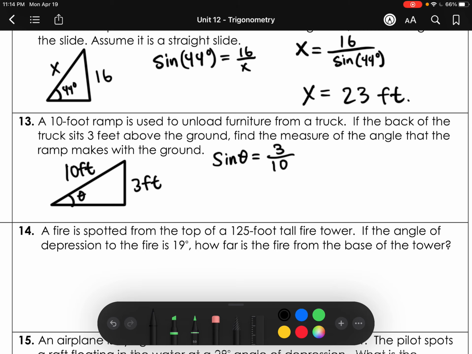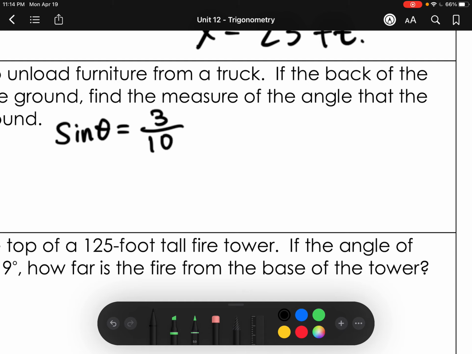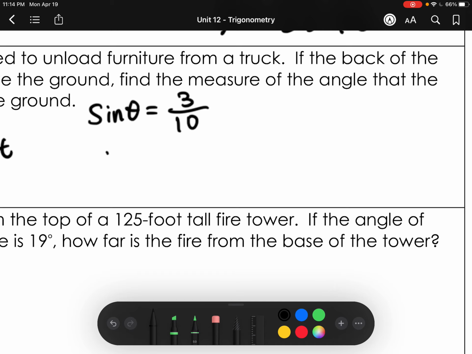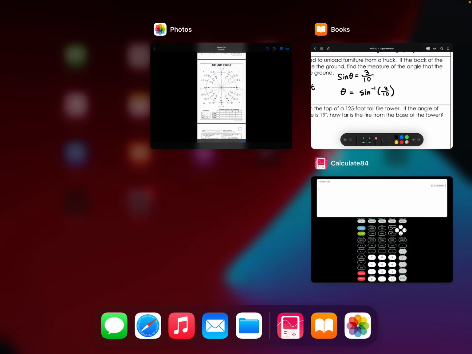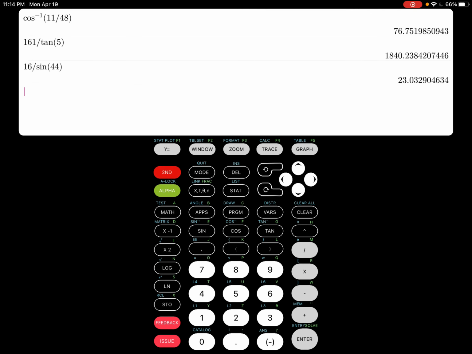Now, to find the angle, remember we're going to use the inverse of sine. So we're going to rewrite this in terms of theta. Theta is equal to the inverse of sine of 3 over 10. This is what we're going to type into our graphing calculator. Second and sine gives us the inverse of sine of 3 divided by 10.